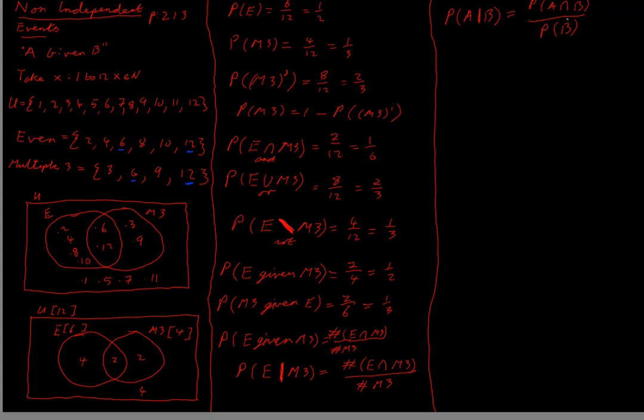Rearranging this formula, multiplying both sides by B, would give us an equation for probability of A and B, which we often want. So if we rearrange that, multiply both sides by B, we get probability of A intersection B would be equal to probability of B multiplied by probability of A given B.